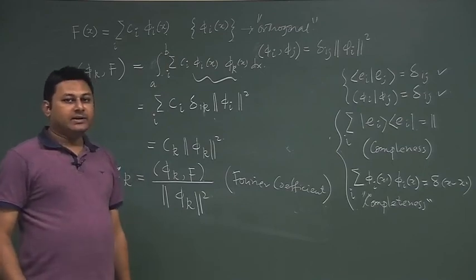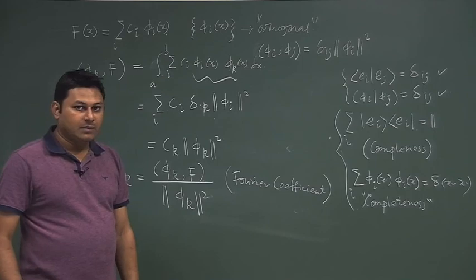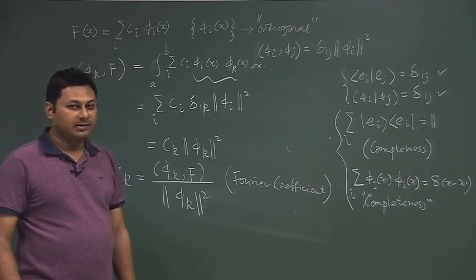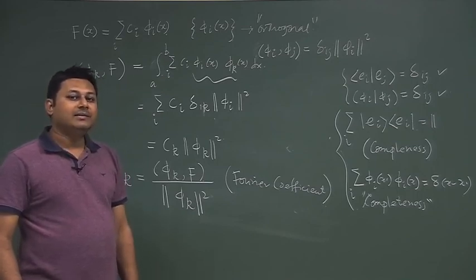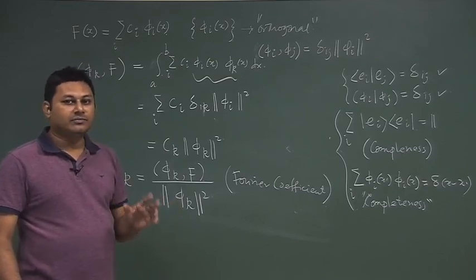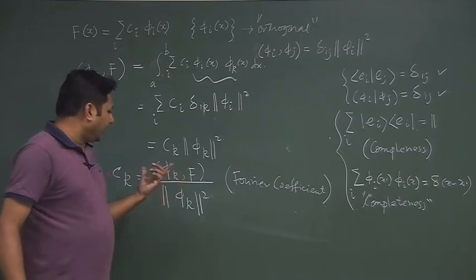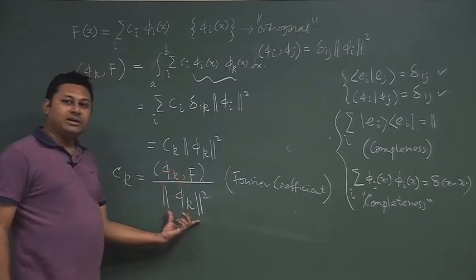Like in a vector space, it is not necessary that the function be represented in terms of only orthogonal bases. Any linearly independent set of functions can be used as a basis, like in the vector space, but I have some additional advantage over that.